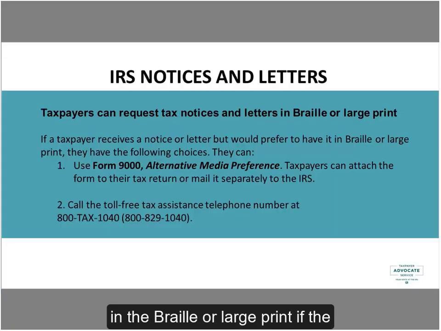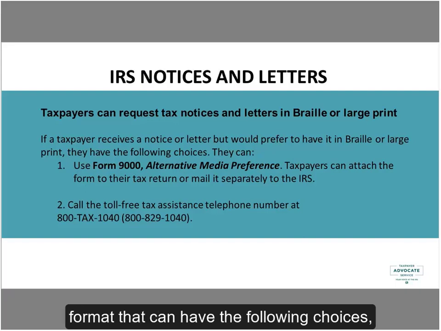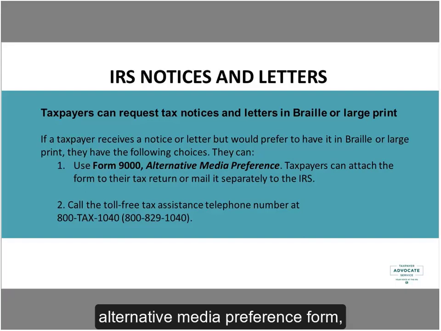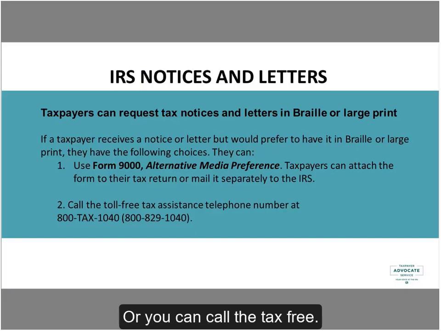So taxpayers can request tax notices in braille or large print. If a taxpayer receives a notice or letter, but would prefer to have it in another format, they have the following choices. They can use Form 9000, the Alternative Media Preference Form, attach the filled out form to their tax return, or mail it separately to the IRS.